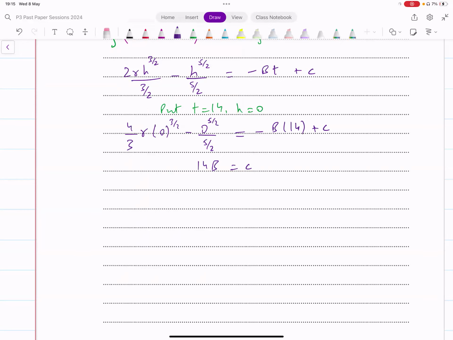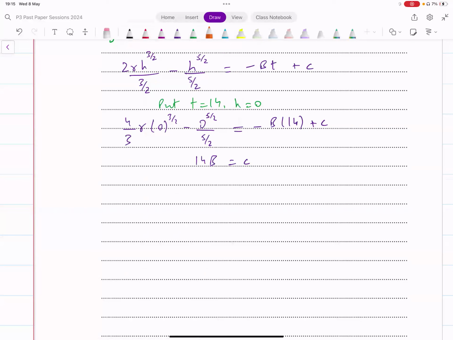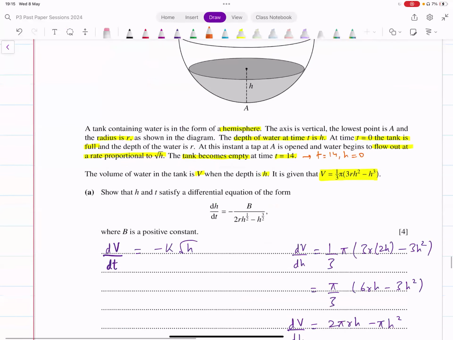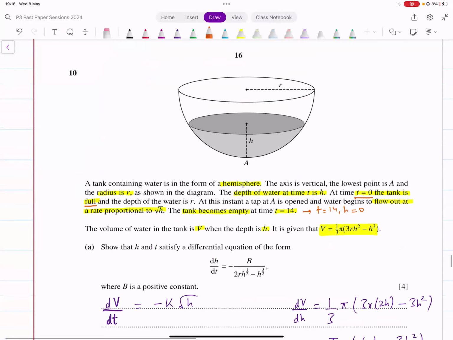That's one equation. Now what we do is we put the other value of t and h. What's that other value? Do we have another information given here? Depth of water at time t is h. At time t equals 0, the tank is full. Now when the tank is full, what's the height of the water?